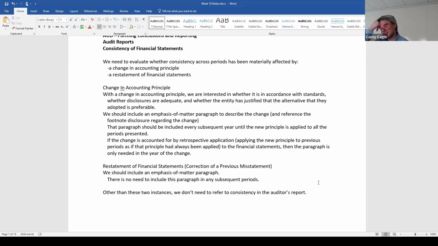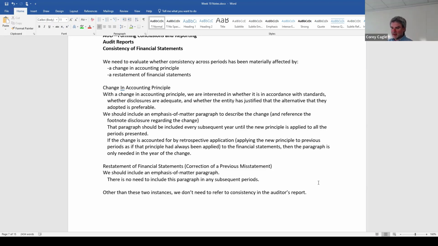This is a good place to mention this, I guess, since we're talking consistency. You can issue a qualified, adverse, disclaimer, emphasis of matter, other, whatever, any of these modifications we've been talking about for one period while expressing a different thing on another period. You can do that.